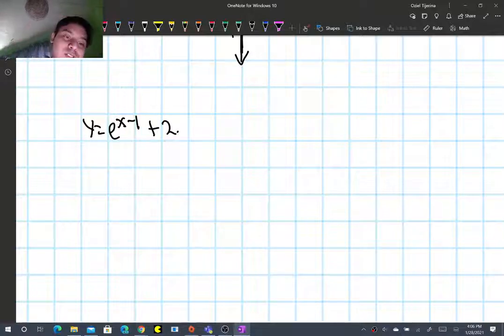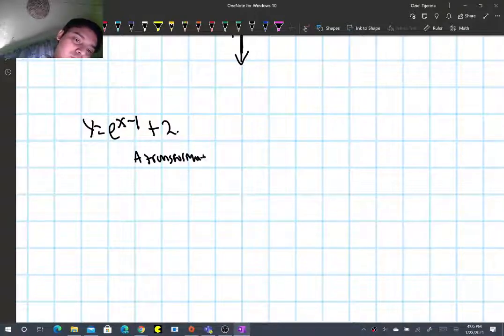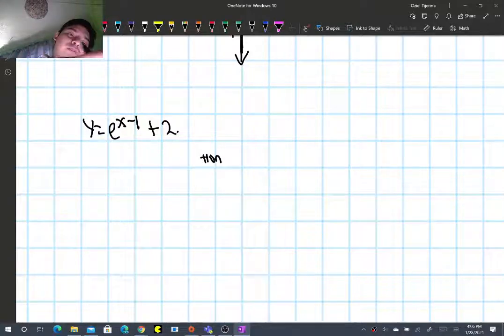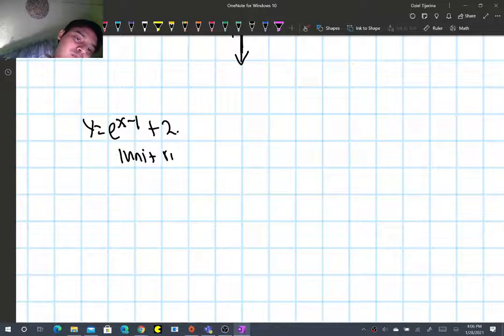This one is just saying it's basically a transformation, saying that it's going to be 1 unit right and 2 units up.